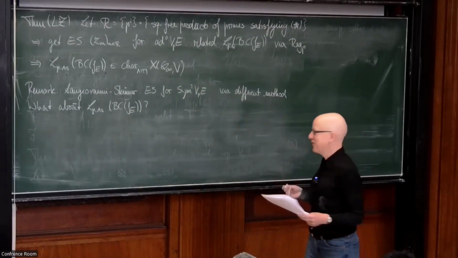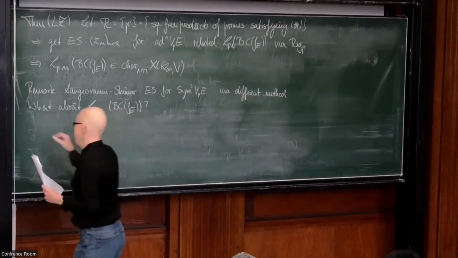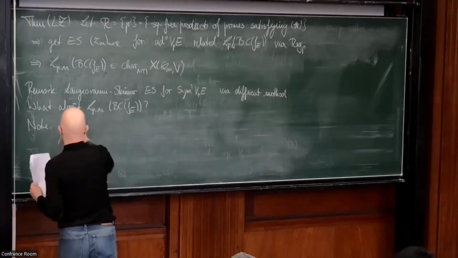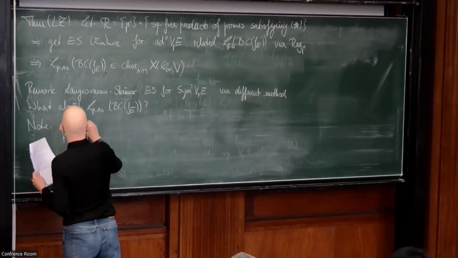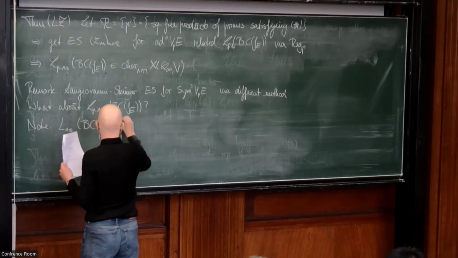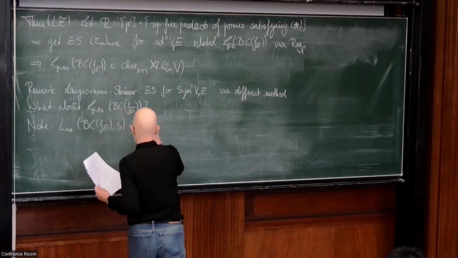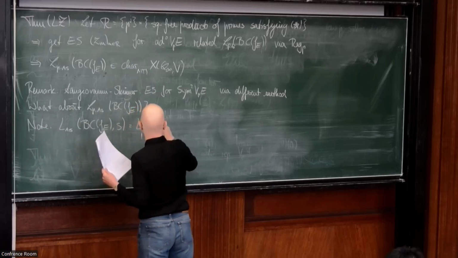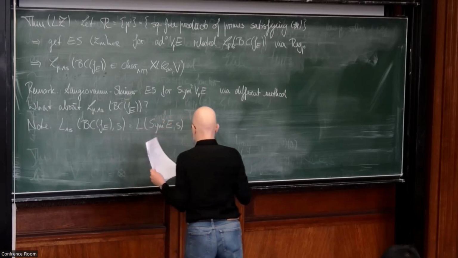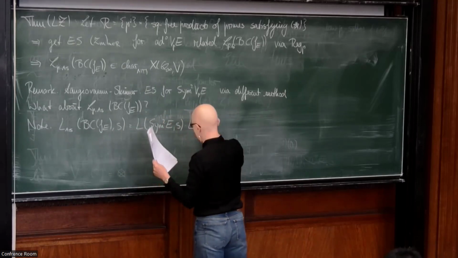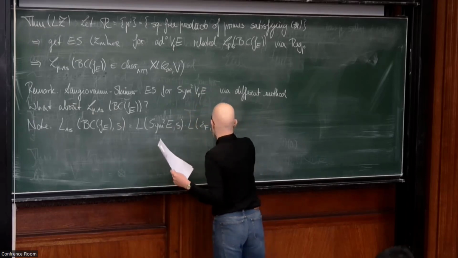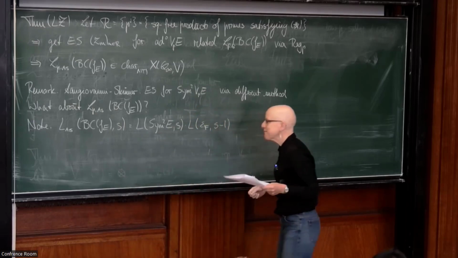So we observe that we have a factorization for the complex L function. Namely, it splits as the L function of the symmetric square of E at s, times the L function just for the character epsilon_F at s minus 1.